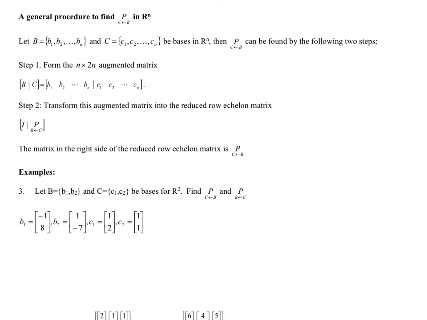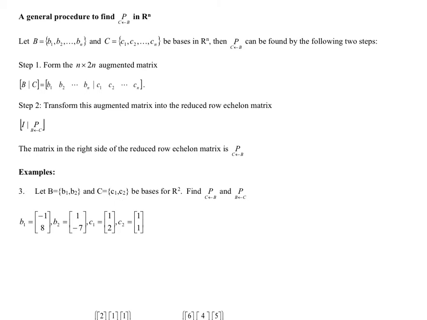So, general procedure for converting from one form to another. It still relies on a notation, but the idea is that you're converting from one basis to another. What we do is we're really just applying the same idea that we did when we were finding inverses, right?